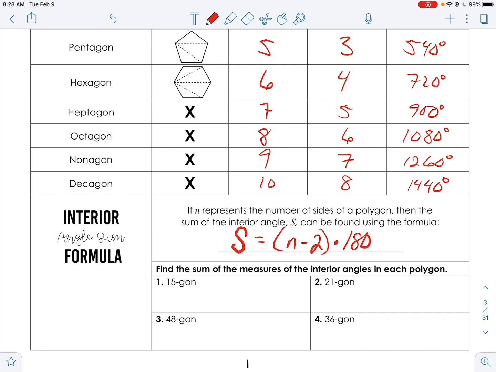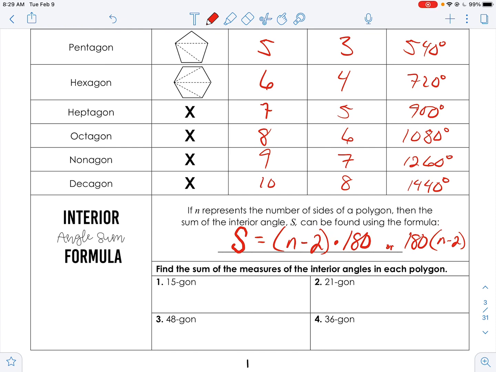So you take the number of sides, take 2 off, multiply it by 180, and you know then the sum of all of the angles of a polygon. You could also write this as 180 times n minus 2. And all I did was rearrange the 180 and the parenthesis, because you can multiply in any direction. So it doesn't matter which way you write it. If you do the multiply after the parenthesis, it's good to put the dot there. But if you put it in front, you don't need the dot.